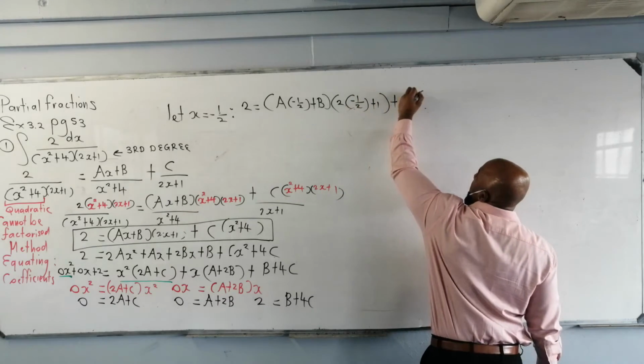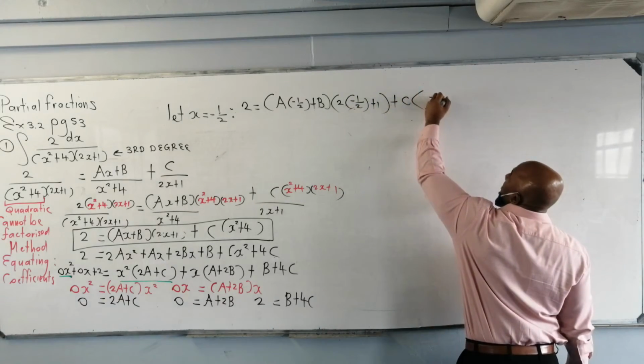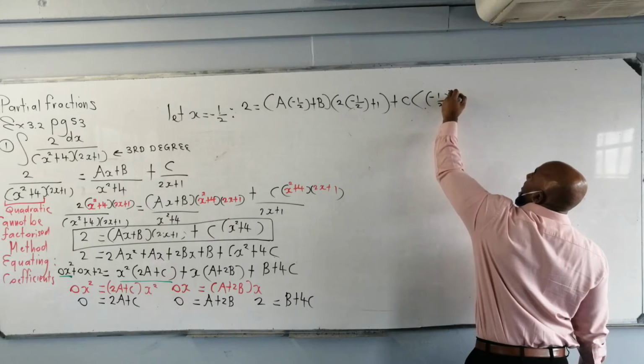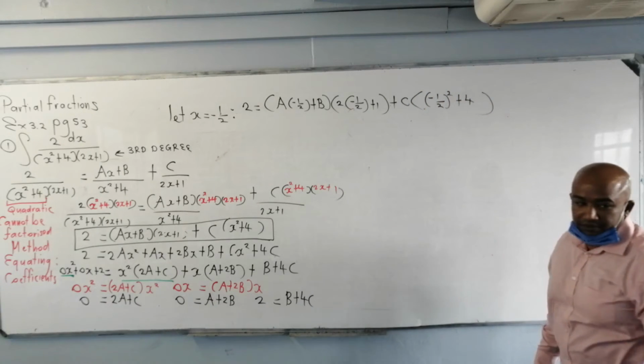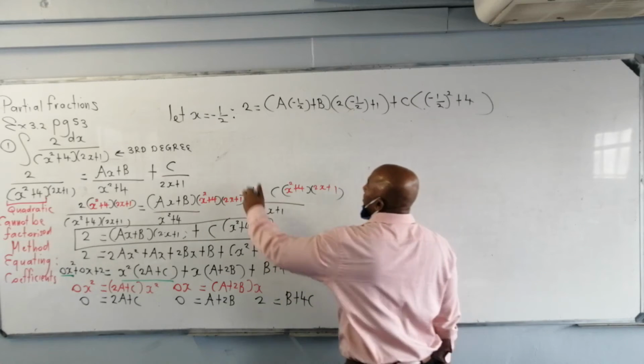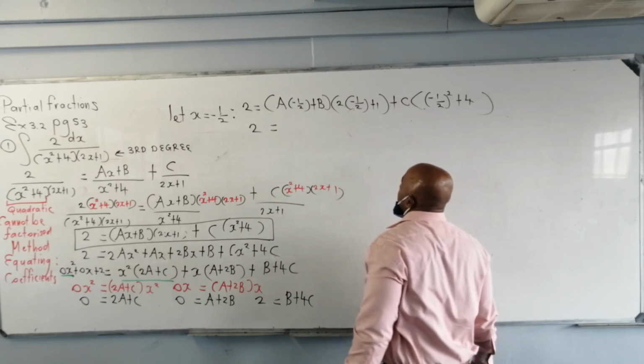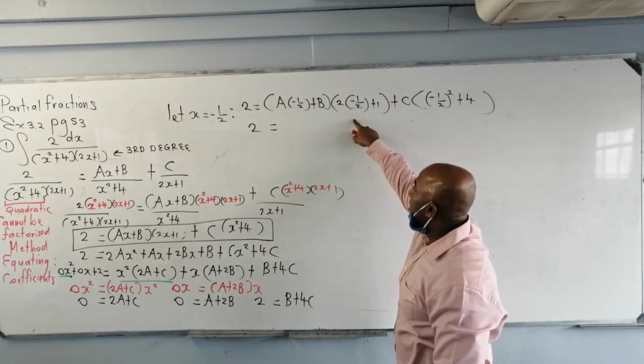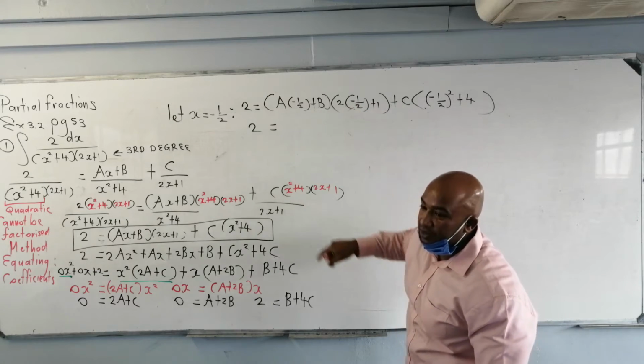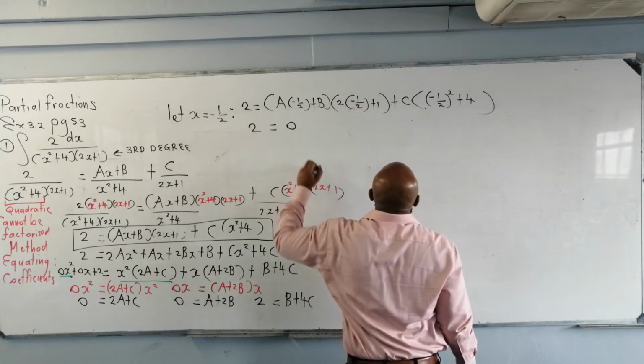Then we've got plus C, and then minus 1 over 2 squared plus 4. So now we've got 2 is equal to, you know that this is going to be minus 1 plus 1 is 0. 0 times anything here, 0.